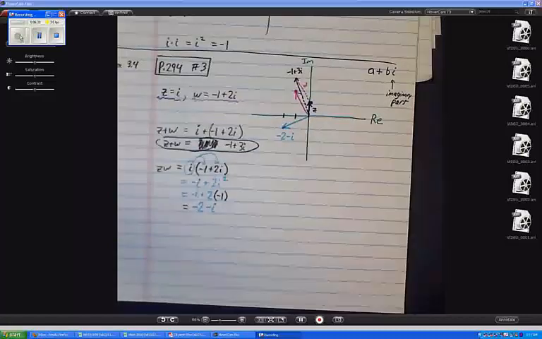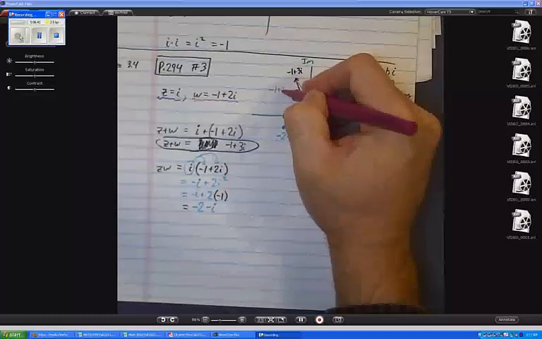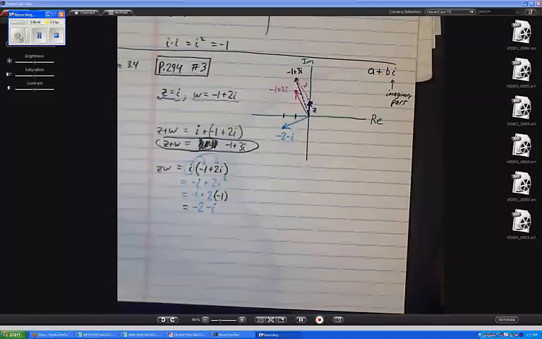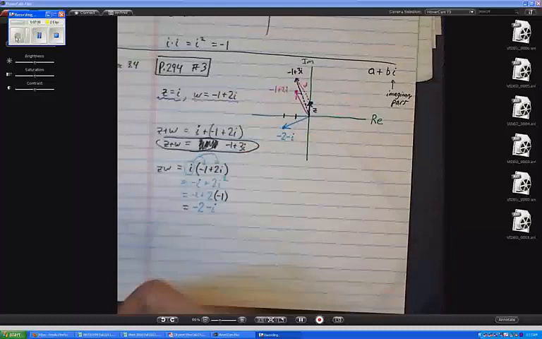Okay, so that arrow is negative 2 minus i. All right. Now I want you to notice something about the pink arrow. Remember what the pink arrow was. The pink arrow was negative 1 plus 2i. And the blue arrow, do you notice anything about those arrows? Again, this is beyond what we need to study, but I just think it's really cool that there's a nice fact that goes with this problem.